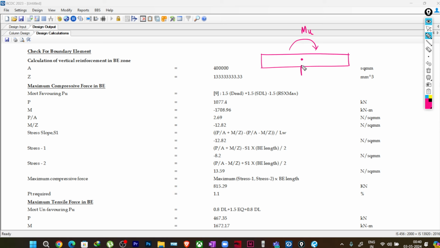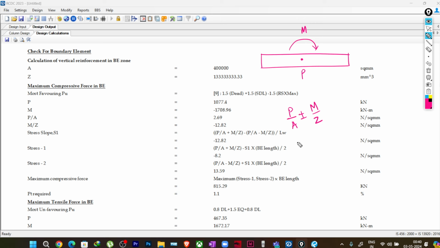It is also having some axial load. I will not write Pu, it is not ultimate, I will write P and M. How can we find out the stress? The stress will be found by P by A plus minus M by Z, correct?